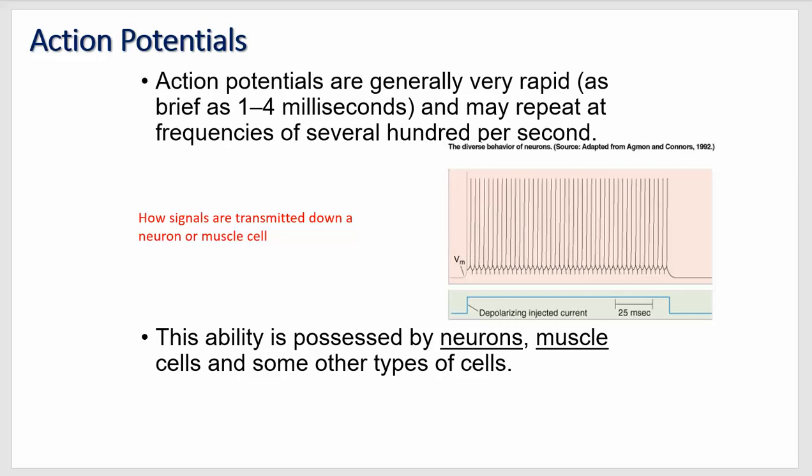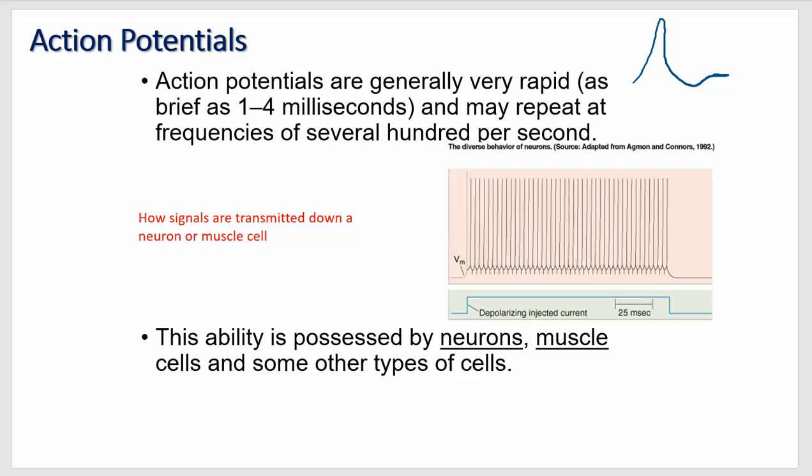Okay, so this action potential, this event that we just talked about of the depolarization, repolarization, and then hyperpolarization, and then returning to resting membrane potential, that can happen in 1 to 4 milliseconds. This whole entire event may happen hundreds of times per second, a couple hundred times per second.